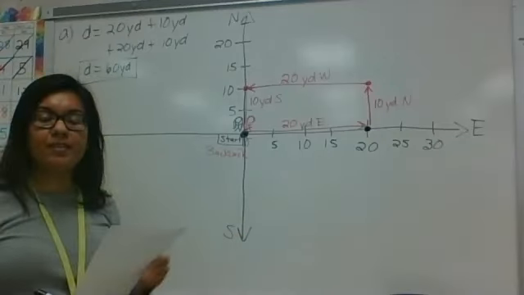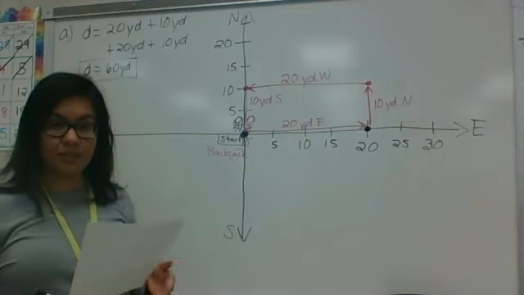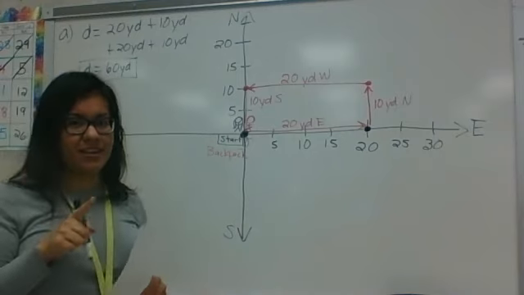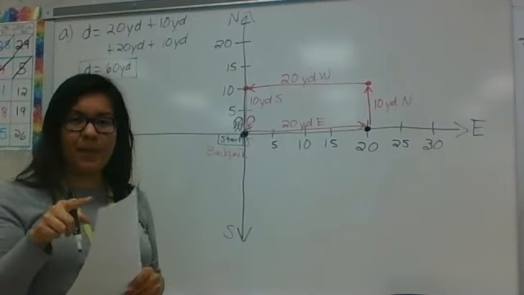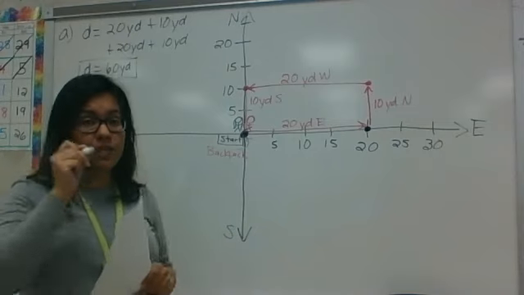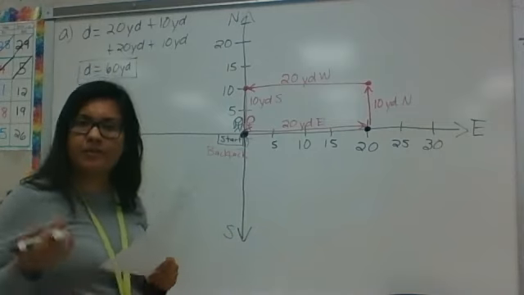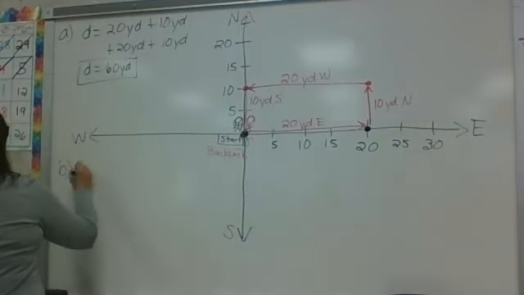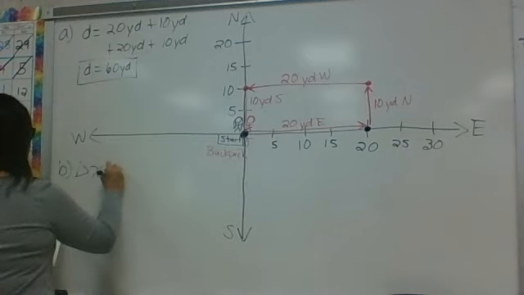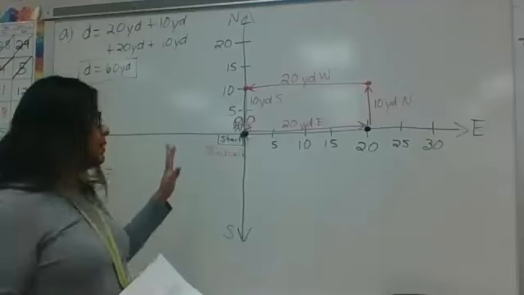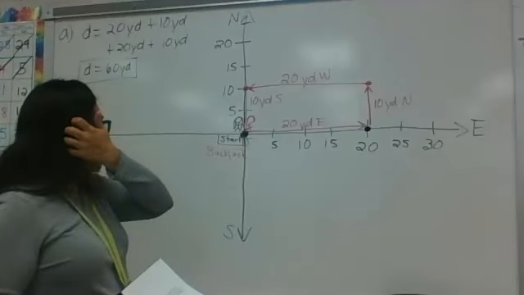For part B, we are asked, what is the total displacement? What is Magdalena's displacement from the backpack? So that's another hint right there that Magdalena and the backpack started at the same place, or that you needed to go back and add the backpack to your picture. And again, you could just write down backpack, or you could have drawn it out, however you wanted to do that. So part B is, what was Magdalena's displacement? Now here, remember, the easiest way to do stuff is the graphical method.